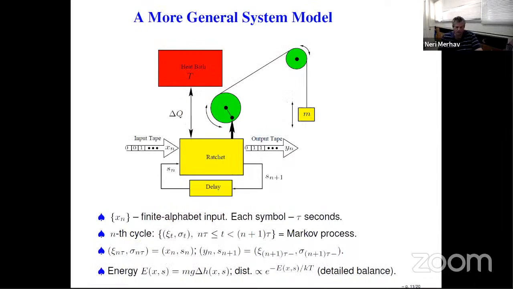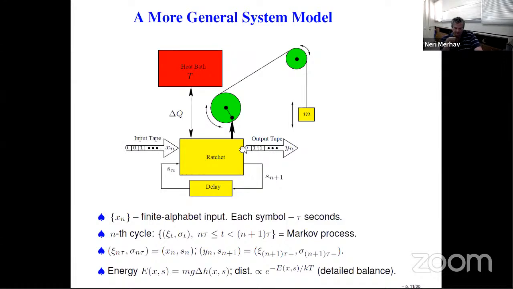So much for history. Now I'm going to talk about a slightly more general model that I developed a couple of years ago on the basis of some earlier work by Boyd, Mandal, and Crutchfield, I think. And it is in the same spirit. We have a certain ratchet that is fed by an input tape.